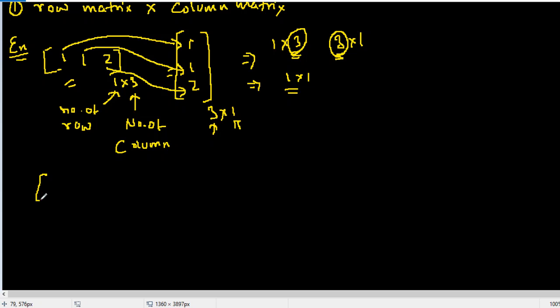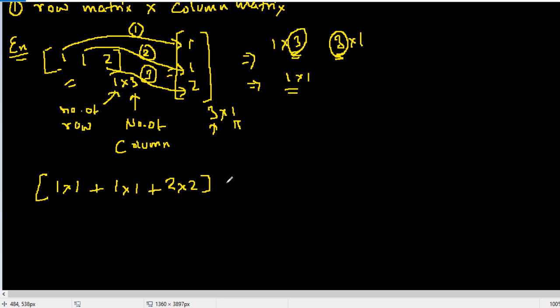First we multiply the first with the first, the second with the second, and the third with the third. So multiply in the same order: first 1 into 1, second 1 into 1, and third 2 into 2.